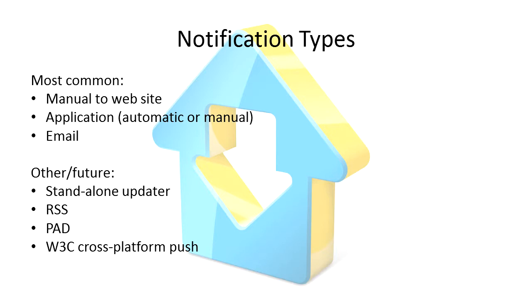Many of us have to maintain the same texts in the PAD, in the RSS, in the custom update mechanism we did. So it's a lot of work. And the W3C is also working on push mechanisms, and Microsoft may be working on an app store, and we'll see what comes out of this.